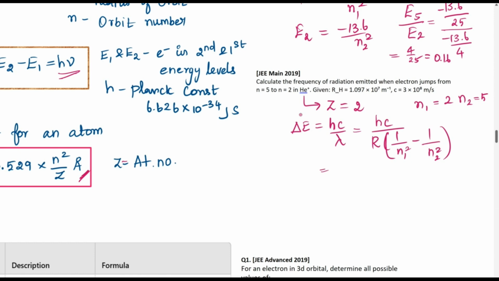Let's substitute the values. You will get an answer. After the calculation, you must be getting an answer of wavelength.